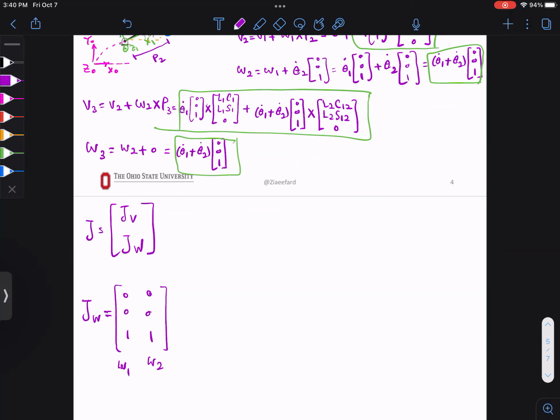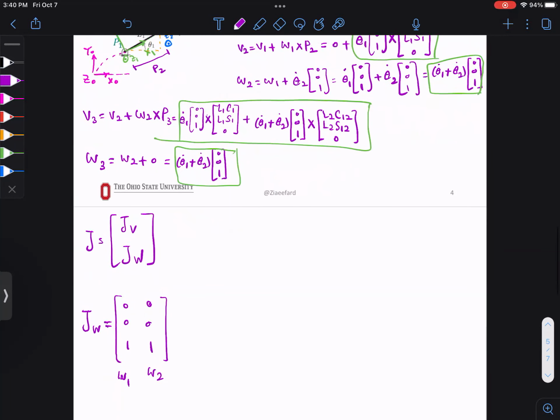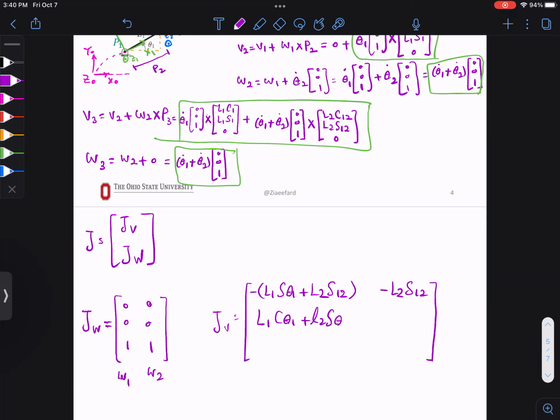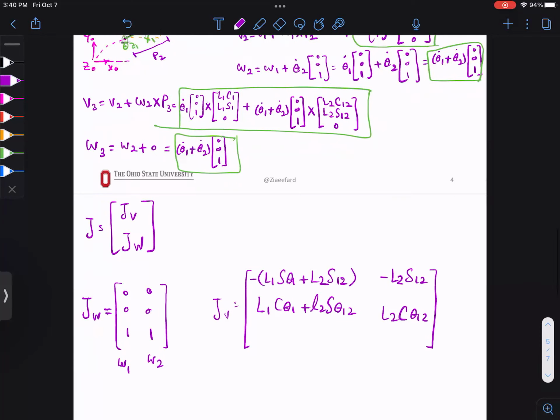Now, if you solve all of those that we had on top, your JV becomes this. Negative L1 sine theta 1 plus, you guessed it because we already saw this in the previous class, L2 S12, L2 S12, L1 cosine theta 1 plus L2 sine theta 1, 2, L2 cosine theta 1, 2, assuming that I wrote all of these right.